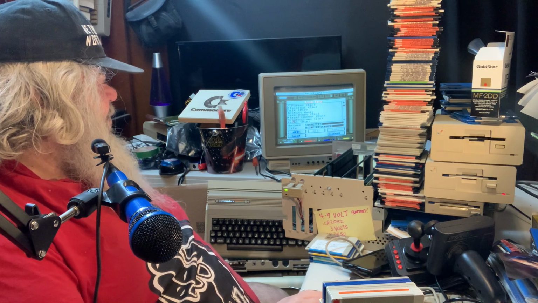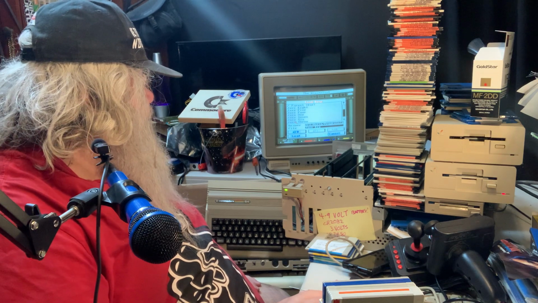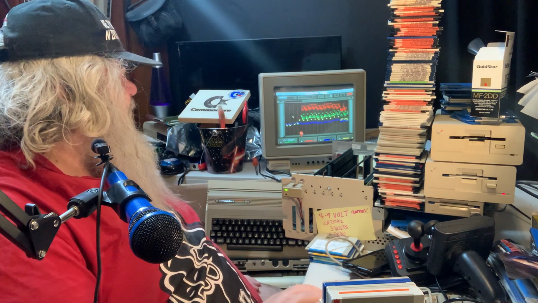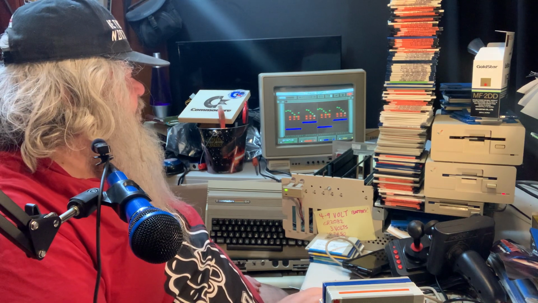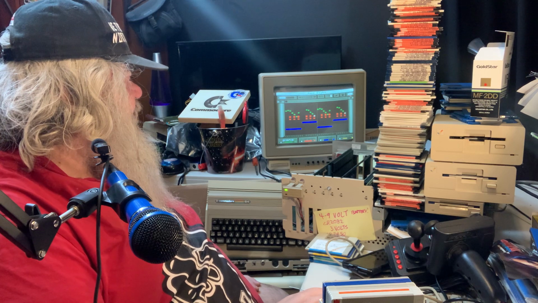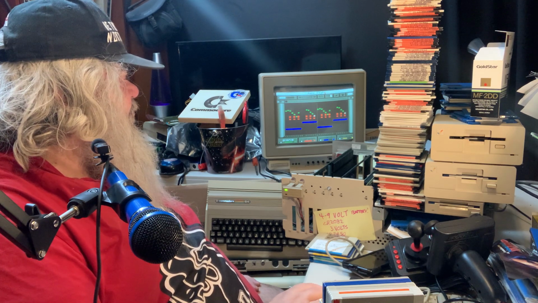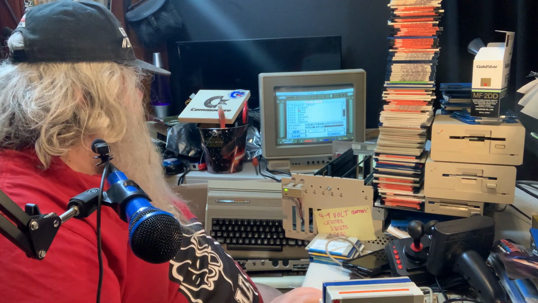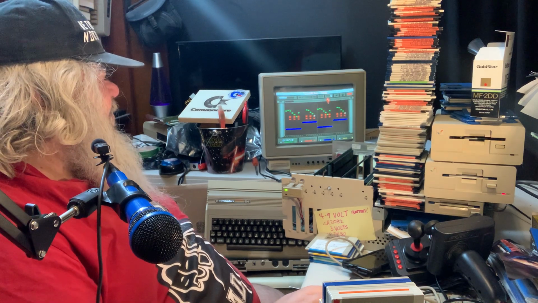And look at progressions. Oh, there's 8. Has 5.